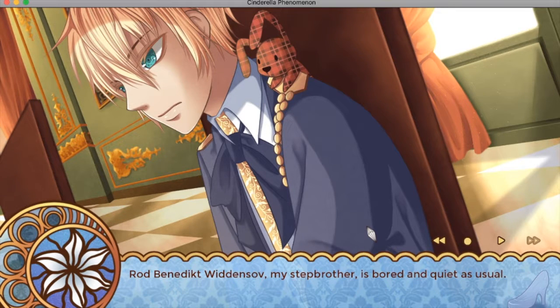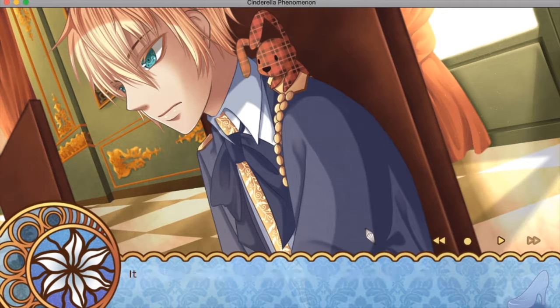Rod Benedict Wittensov, my stepbrother, is bored and quiet as usual. He is 2 years my junior and is the younger of Ophelia's children. He is mute and uses a plush bunny to voice his thoughts. Oh wow, it was apparently given to him by a fairy. He minds his own business and is easy to deal with.